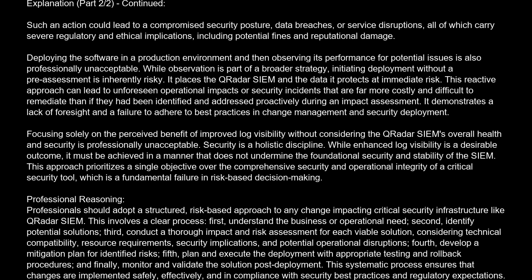Fourth, develop a mitigation plan for identified risks. Fifth, plan and execute the deployment with appropriate testing and rollback procedures. And finally, monitor and validate the solution post-deployment. This systematic process ensures that changes are implemented safely, effectively, and in compliance with security best practices and regulatory expectations.